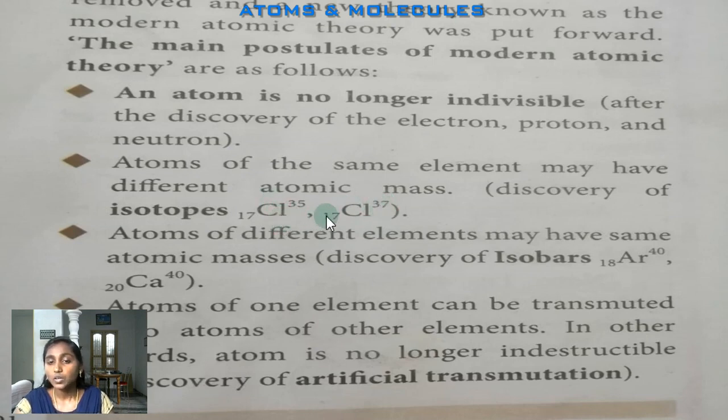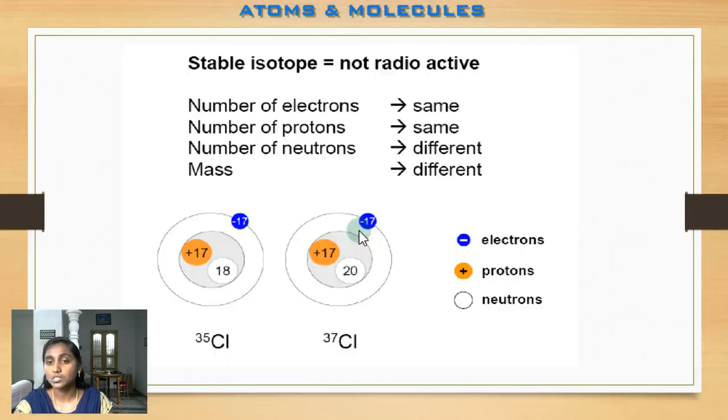So see, chlorine is the same element, right? So the same element's atom may have different atomic mass. Have you understood? So how can we find out this atomic number and mass number? See, inside the nucleus, protons and neutrons are there. How many protons? 17 protons and 18 neutrons.